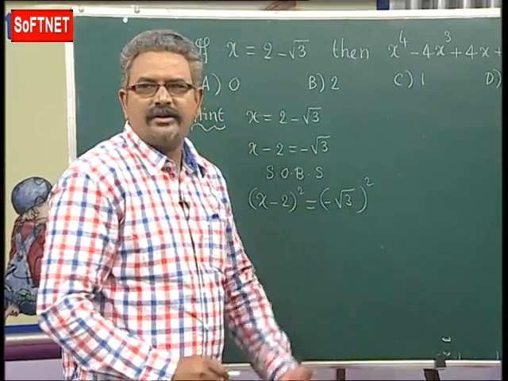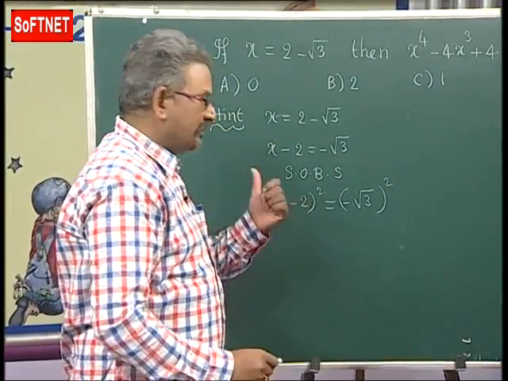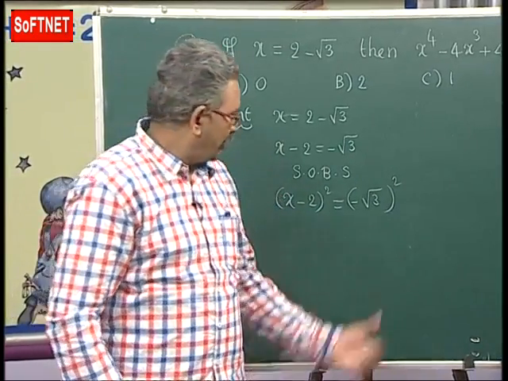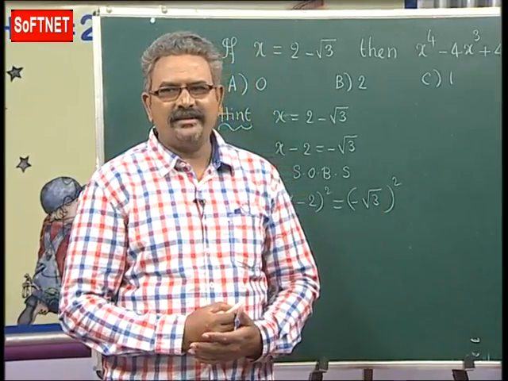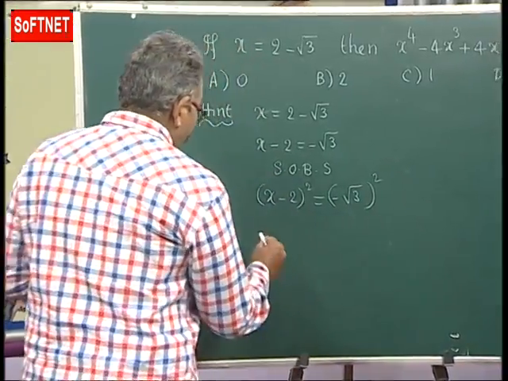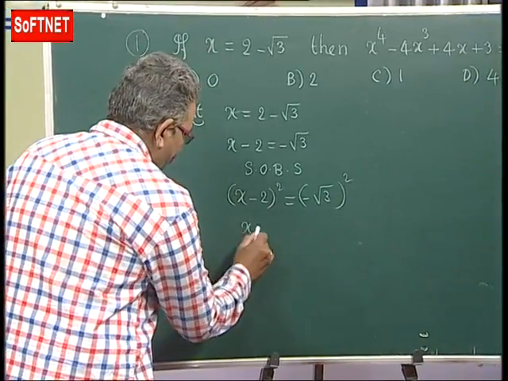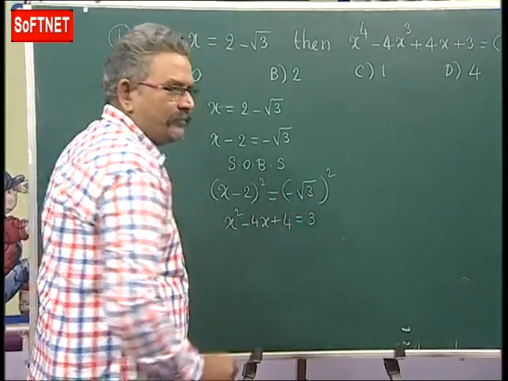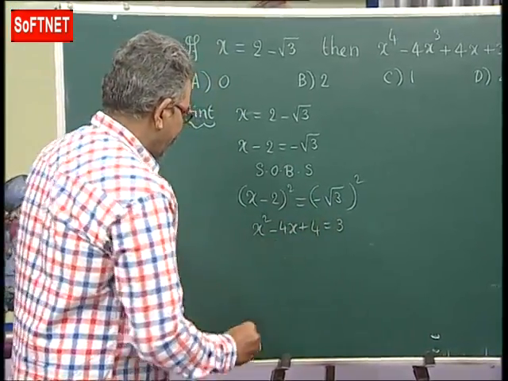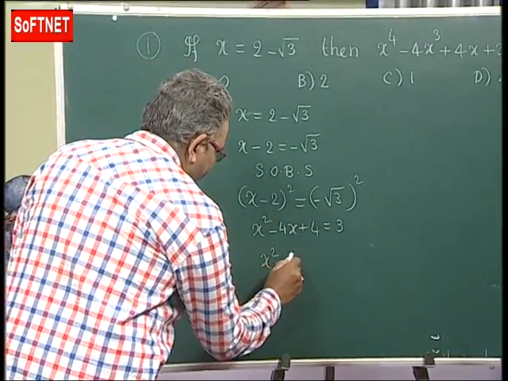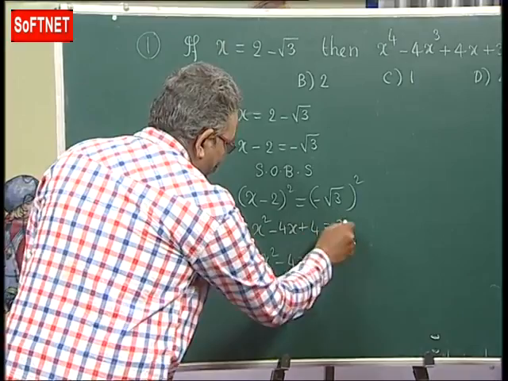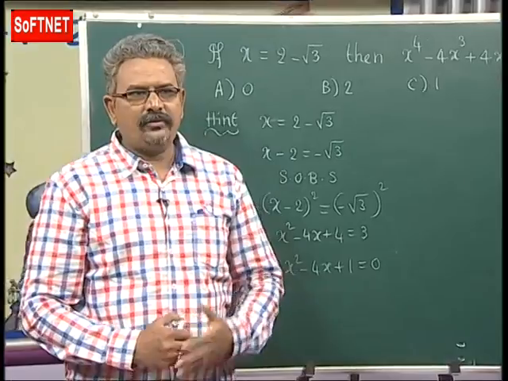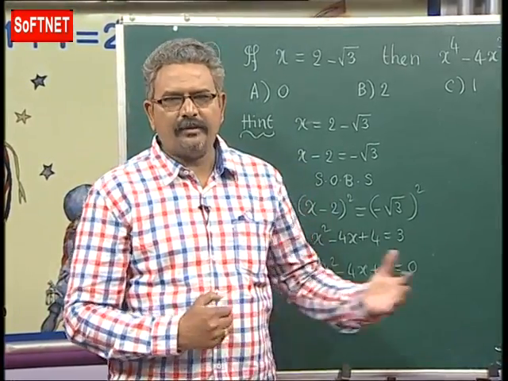What is the value of x minus 2 whole square? That is x square minus 4x plus 4. What is minus root 3 whole square? Yes, 3. So x square minus 4x plus 4 is equal to 3. Bring 3 this side: x square minus 4x plus 4 minus 3, that is 1, equals to 0. Now a quadratic equation is obtained in terms of x.